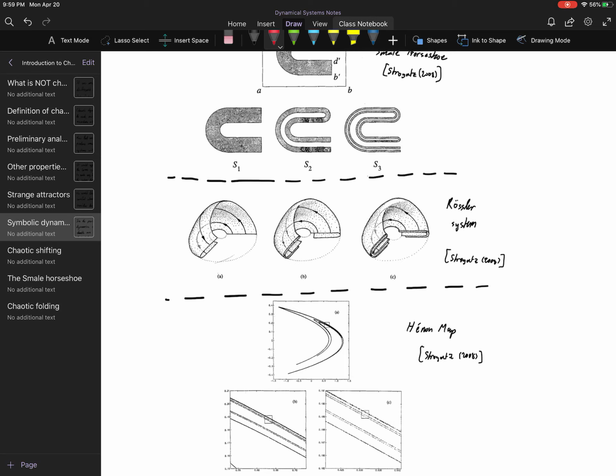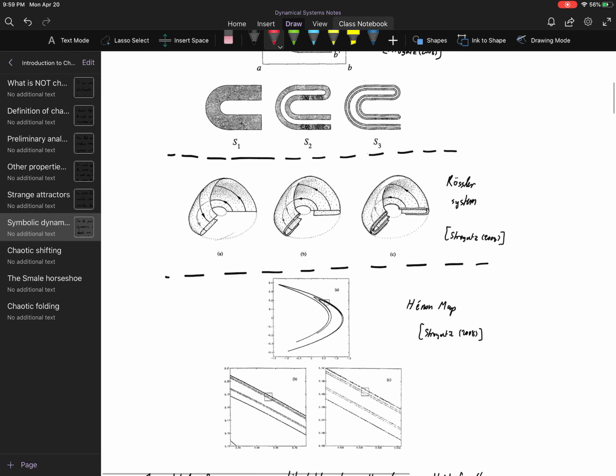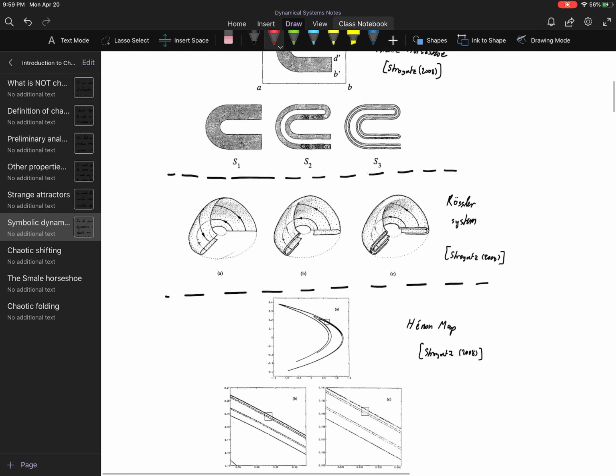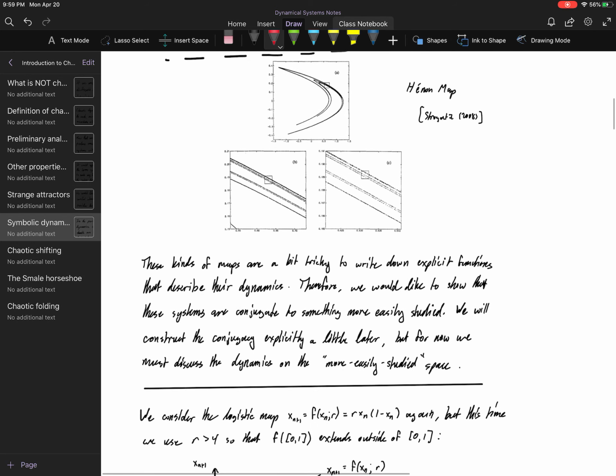The Rössler system showing up as part of the Lorenz system in a certain regime or a certain simplification, and the Henon map is actually putting numbers to the Smale horseshoe. It's making it a rigorous discrete map.